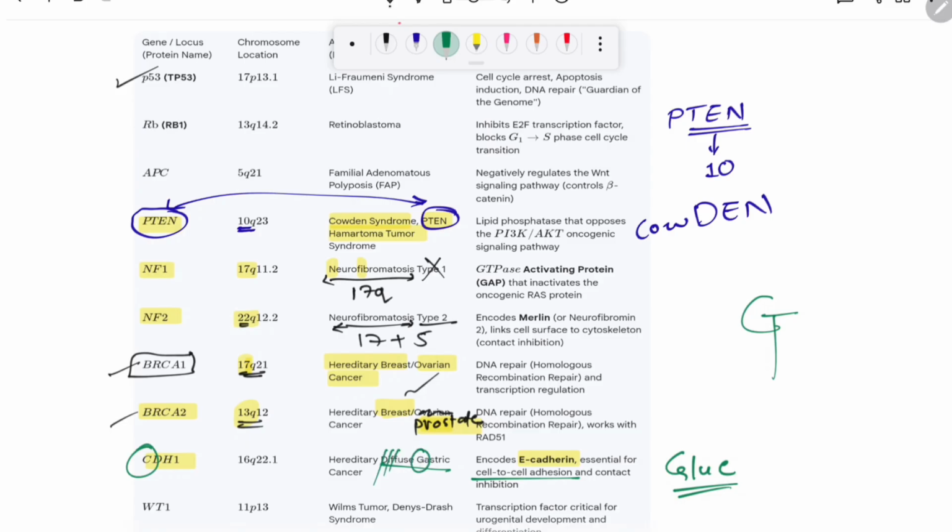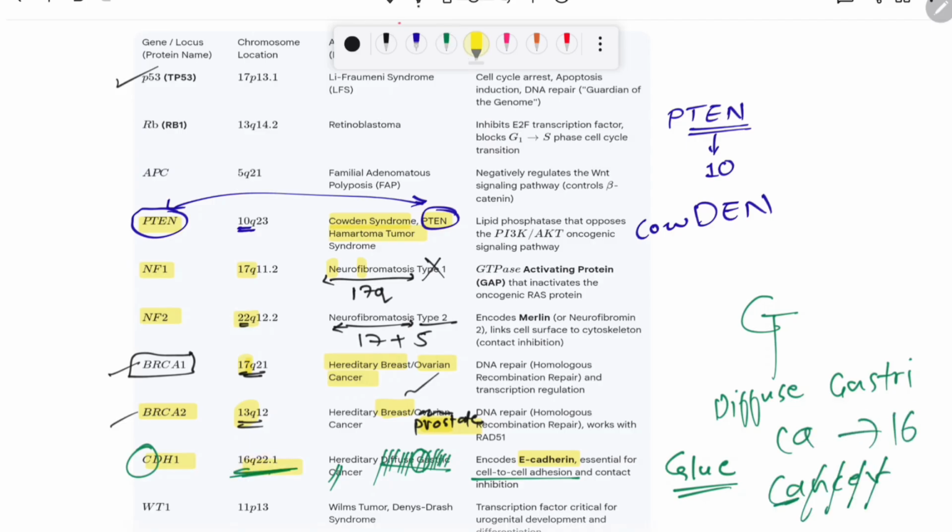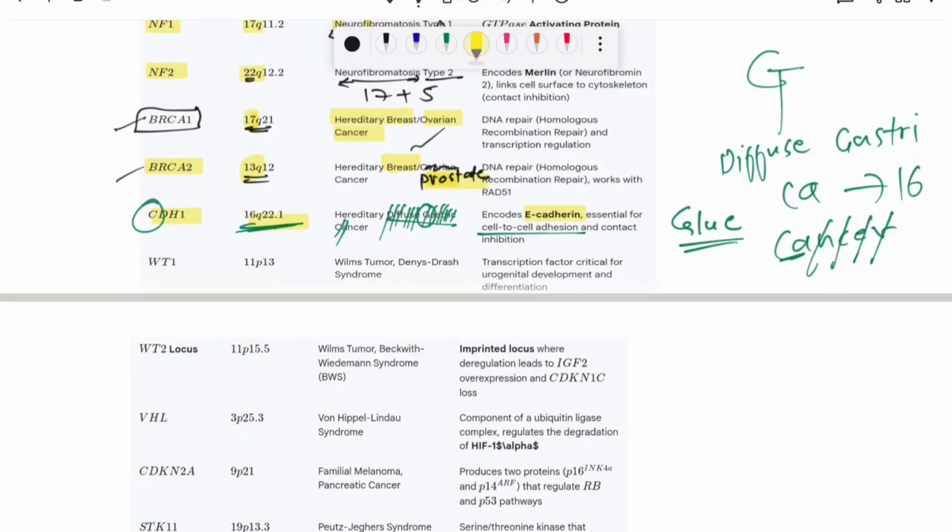And if you count the letters of diffuse gastric CA, then it comes out to be 16. Let me explain, like writing diffuse gastric cancer, we write it as diffuse gastric, and for cancer we use the short form CA. So if we count this, it comes out 16. So 16q is your chromosome number and the disease related to it.